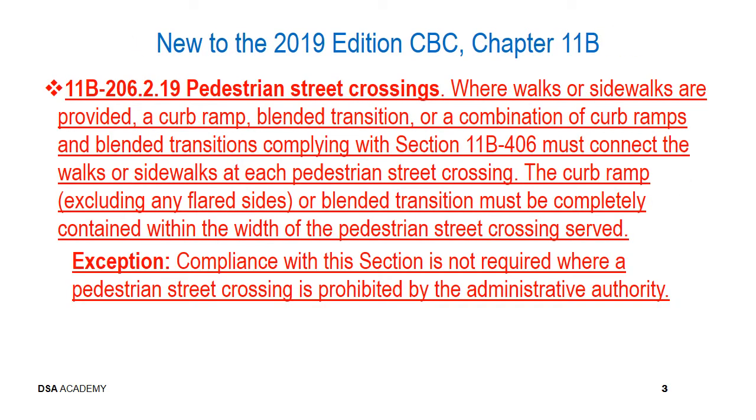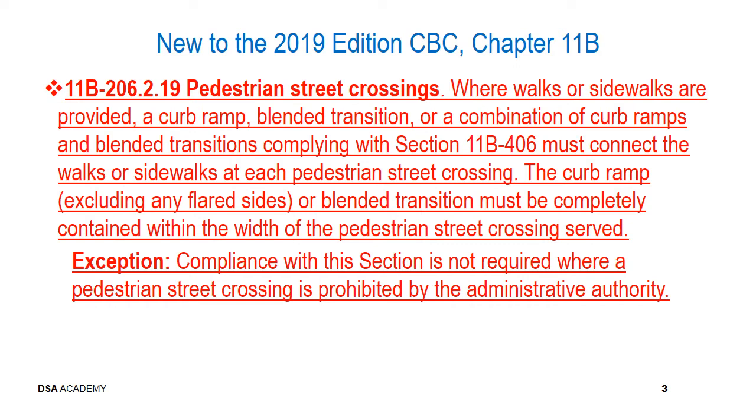A provision in Section 11B 206.2.19, Pedestrian Street Crossings, has been included in the 2019 edition of the California Building Code. This particular provision existed in previous editions and has been amended and now included in the current edition.